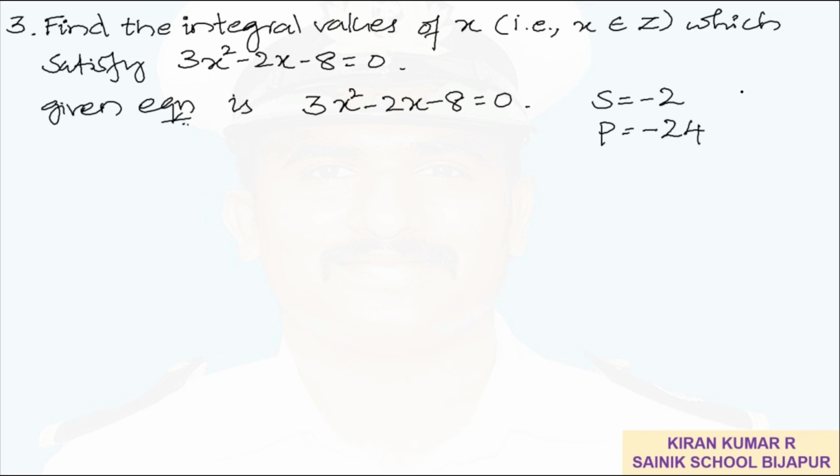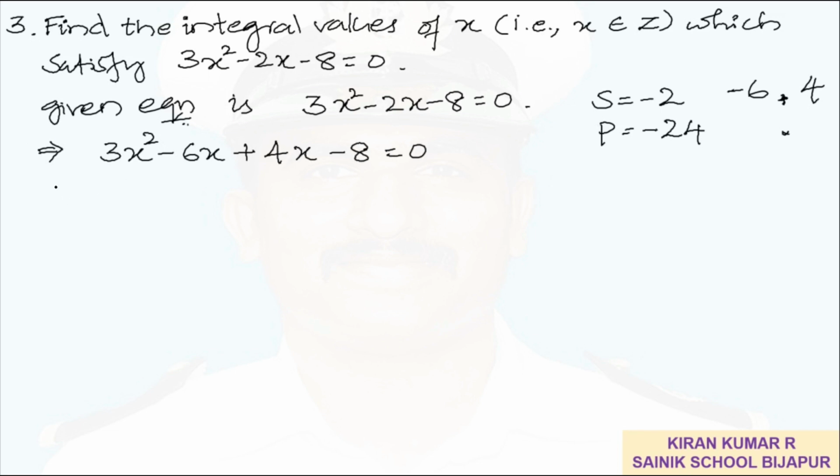This is very much possible if you consider the combination of negative 6 and positive 4. Their sum becomes minus 2 and their product becomes negative 24. Therefore, I split the middle term as negative 6x, positive 4x, and the rest of the things I'll write as it is.